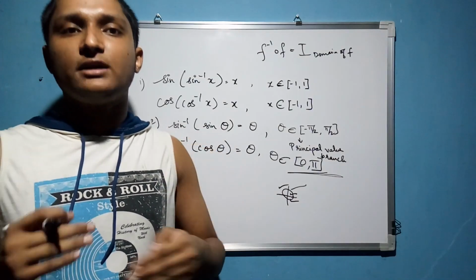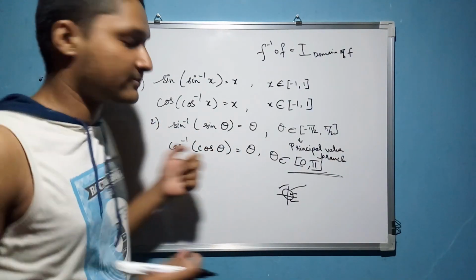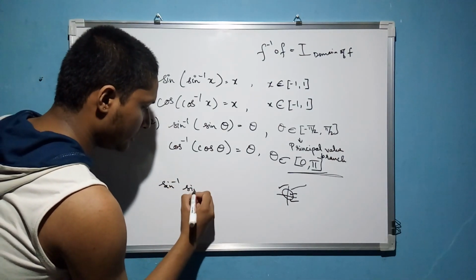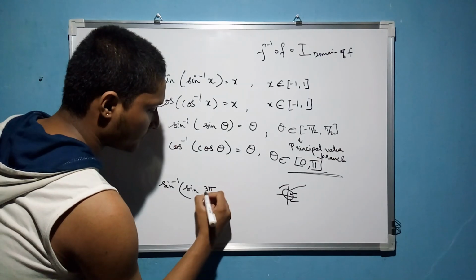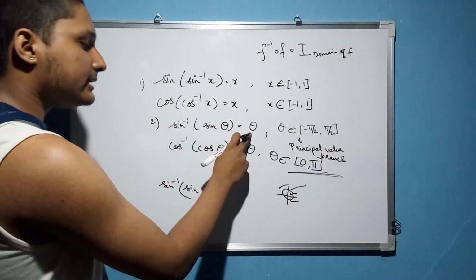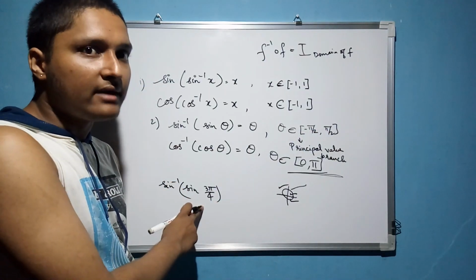Based on this, there can be different questions, like I can give an angle which is outside this range. Maybe I'll take sine inverse of sine of 3 pi by 4. I cannot write it directly as theta, because 3 pi by 4 does not belong to this range. It is greater than pi by 2.